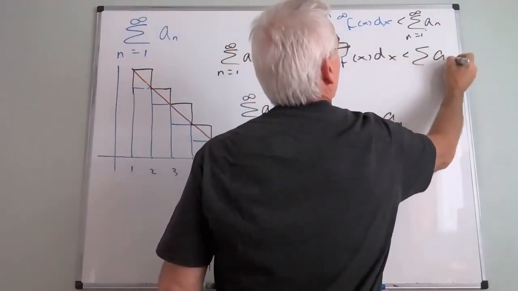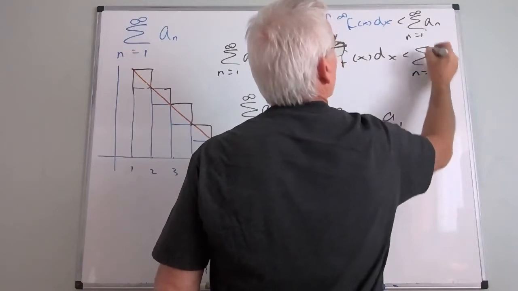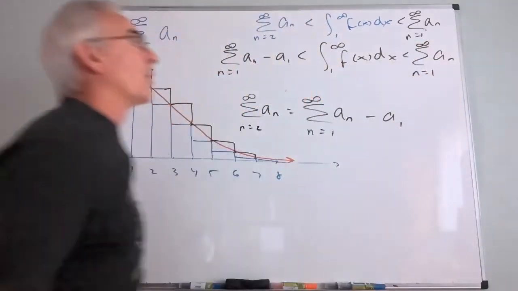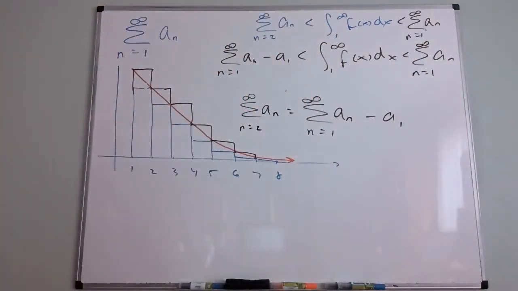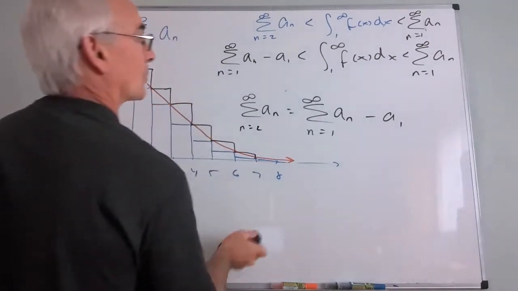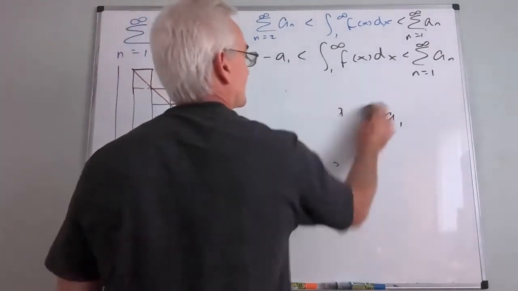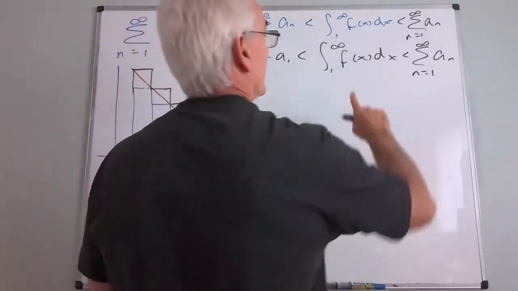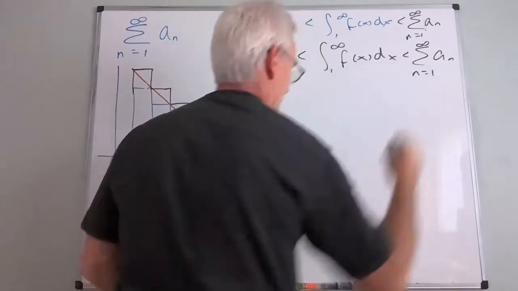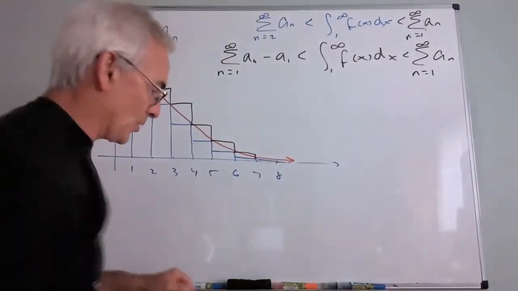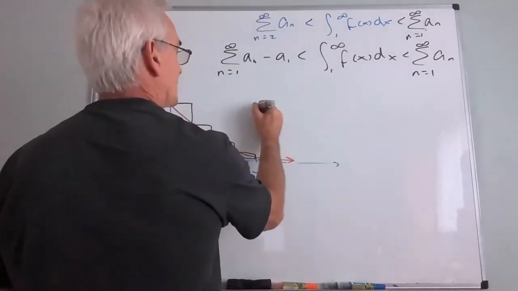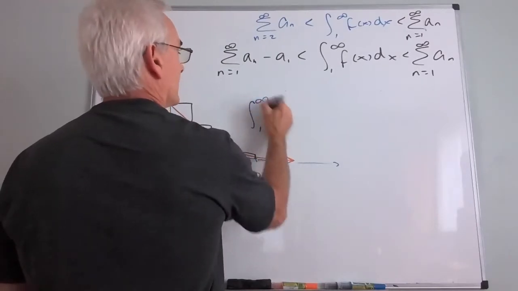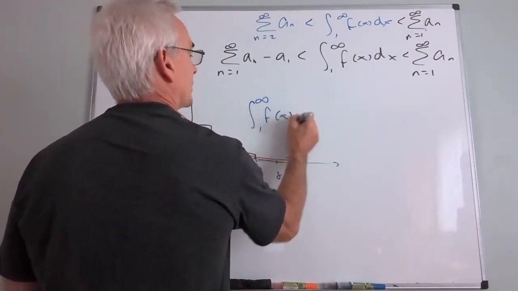What I want is an inequality where I have the sum in the middle. I don't want the integral in the middle. I want the sum in the middle. So here's what I know absolutely. I know that right now that's smaller than this. Okay, I know that. So I'm going to write that right here. I'm using a little bit of clever algebra here.